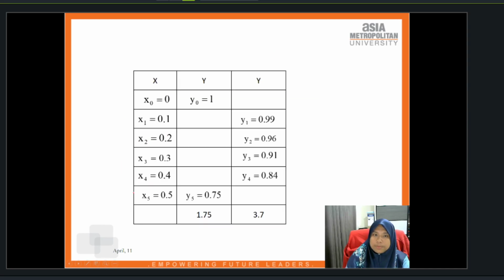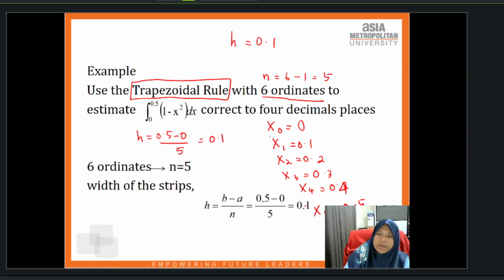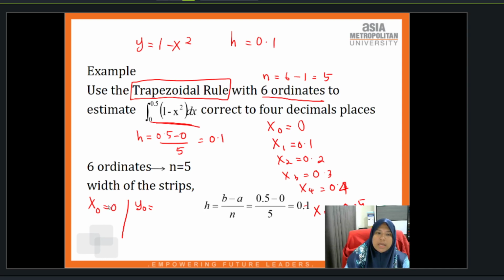So x0 is equal to 0. y0 is equal to, we know y is equal to 1 minus x squared. We substitute x0 equal to 0, so y0 is equal to 1. Then x1 is equal to 0.1.